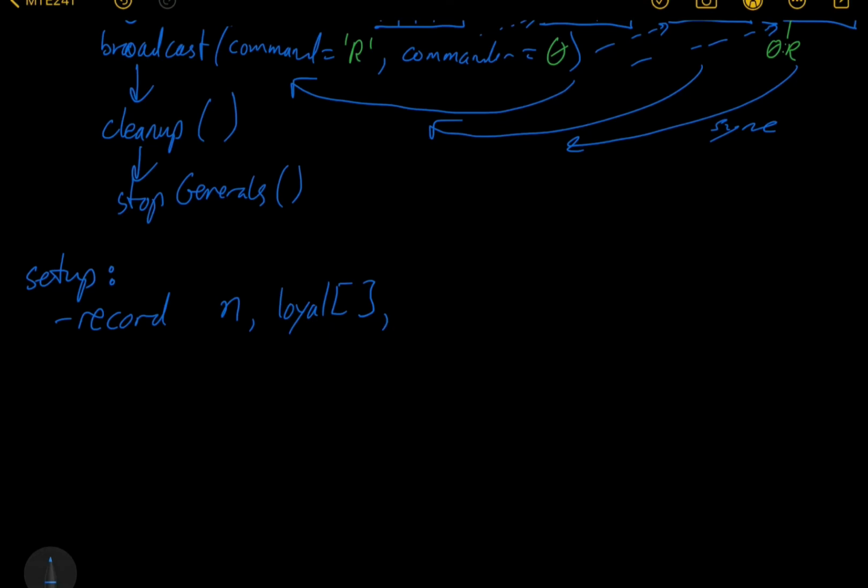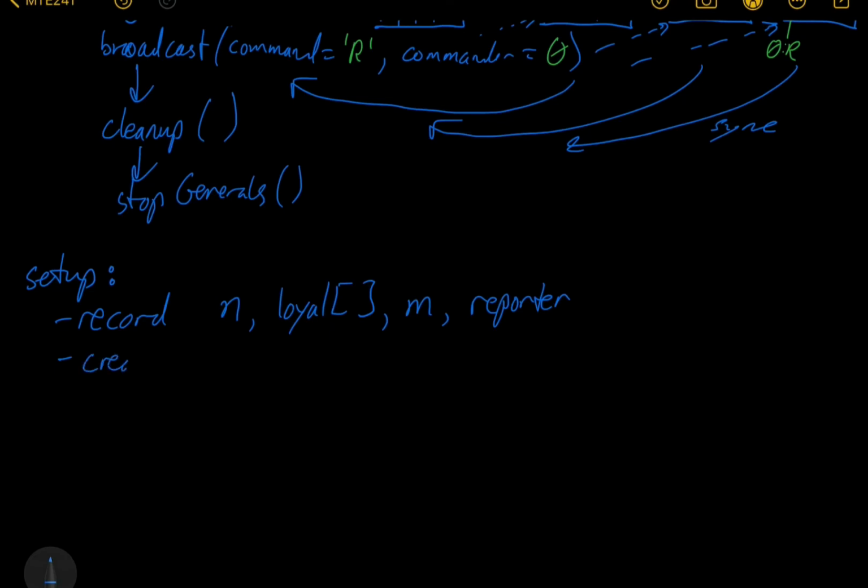You're probably going to want to calculate the number of disloyal generals, which is m in the notes, and you will also need to record who is the reporter. So the general threads will know who's what and who should be reporting, printing stuff out.